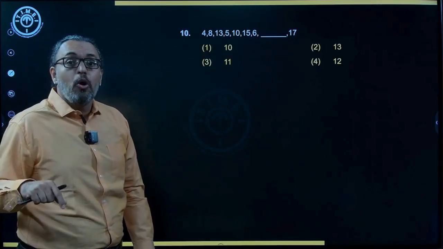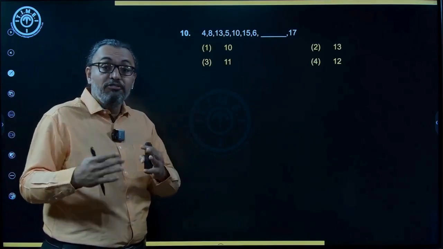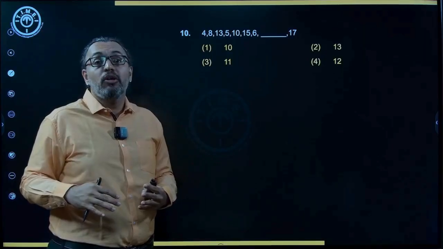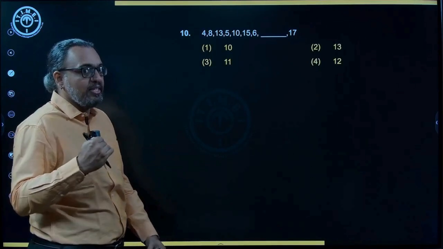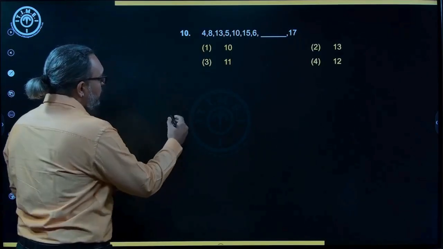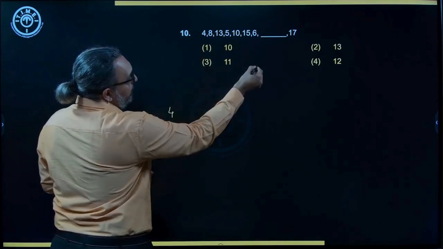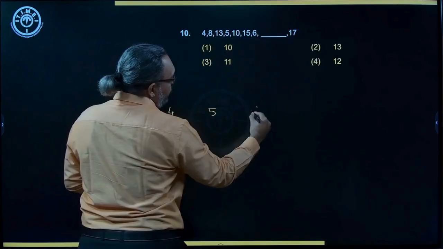So when it comes to alternate series, you can have 2 series alternately given, or 3 series also can be given alternately. So here it is actually 3 alternate series given to you, 3 series given in alternate positions. Are you understanding the point? So here, if I take 4, the next, after 8 and 13 you have 5. So after 10 and 15 you have a 6.